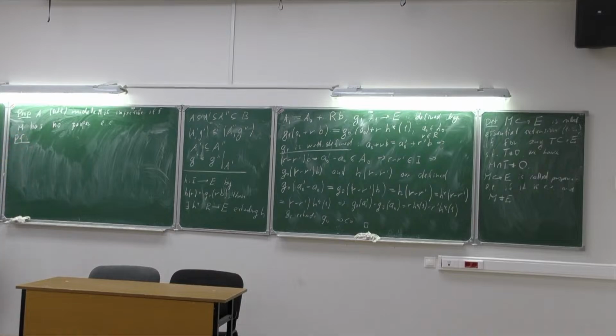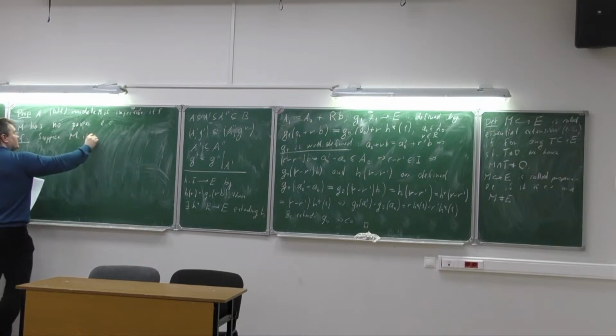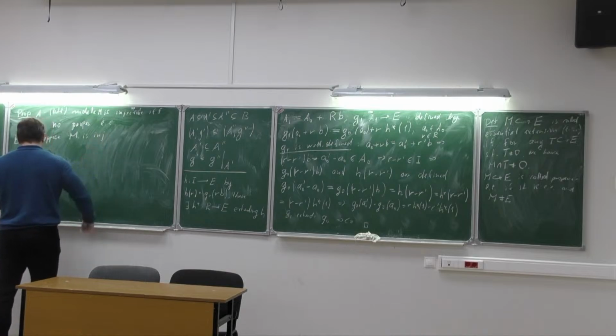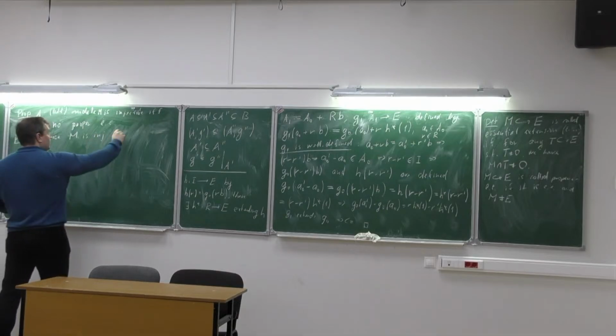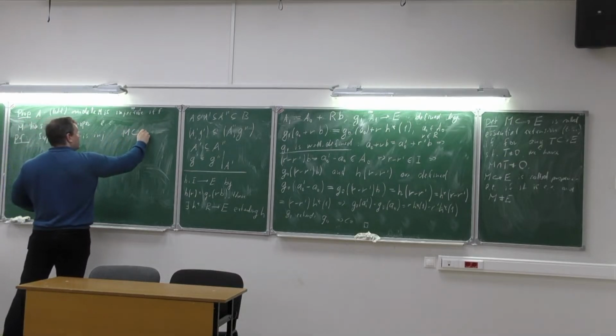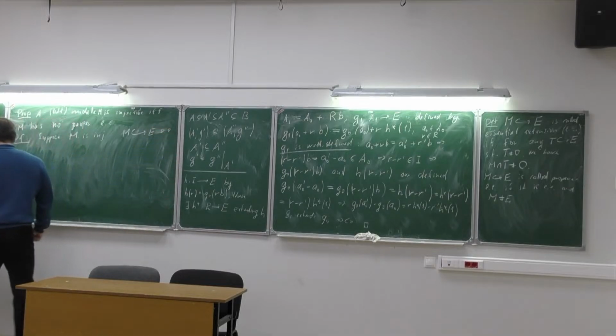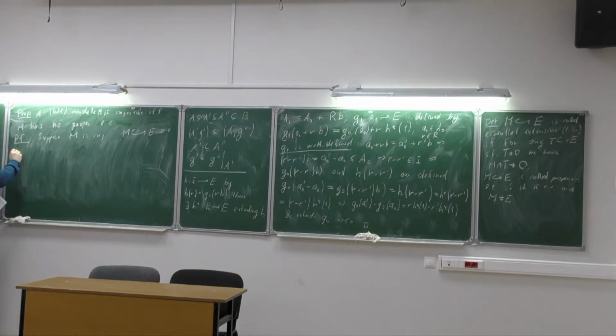Okay, proof. Well, we have two directions. If we suppose that M is injective, right, so then we have M embedded into E as an essential extension, then we can say that E is isomorphic to the direct sum of M plus some complement.